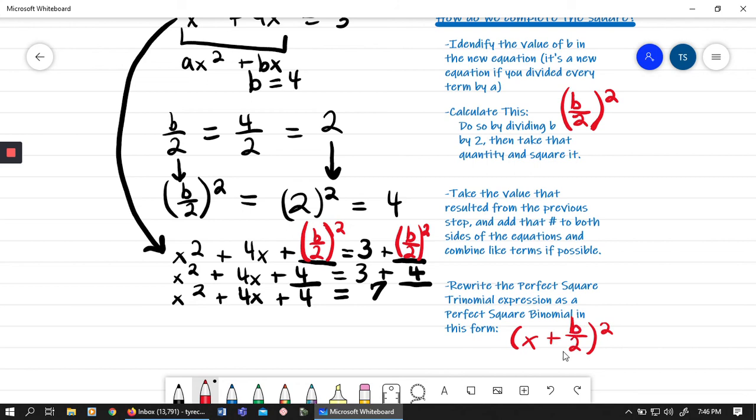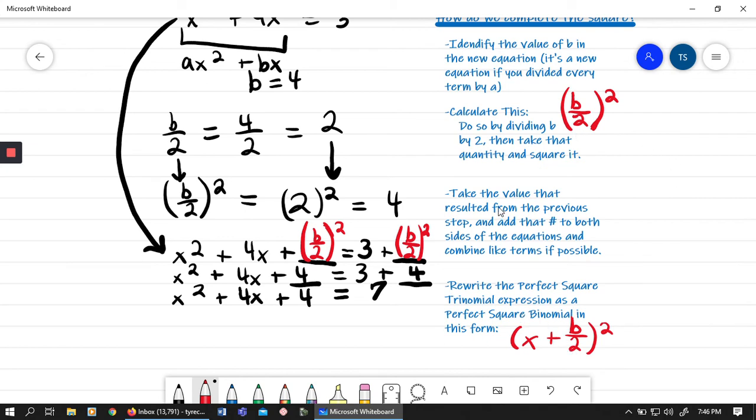Where you see b divided by 2 in this form, some people are going to make the mistake of writing 4. You're going to write x plus 4 inside the parentheses and then the square on the outside. You're going to make that mistake if you're not listening to what I'm saying right now.